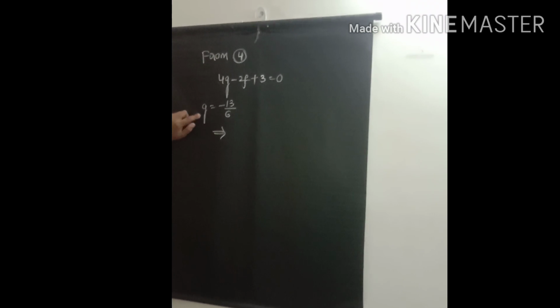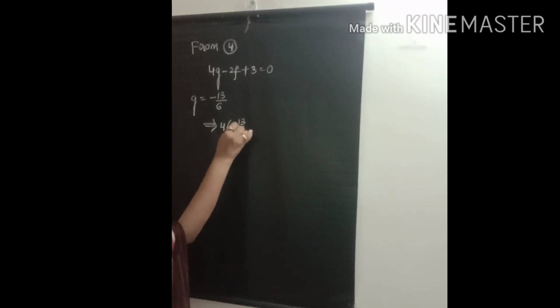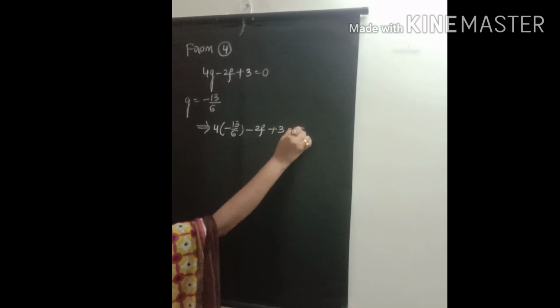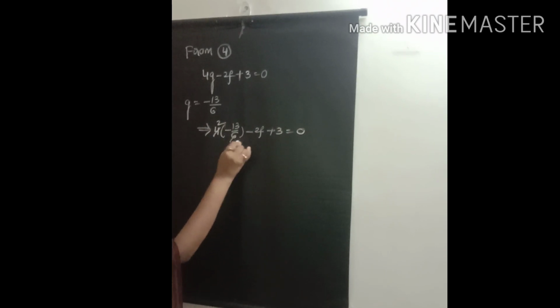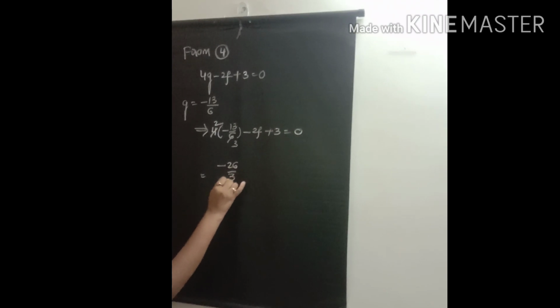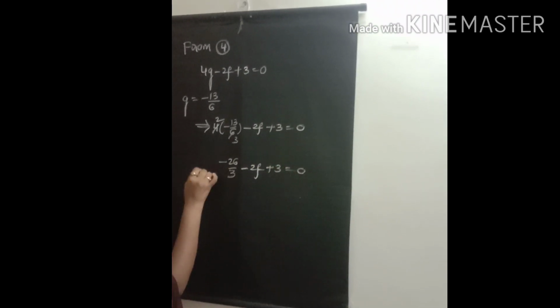Now we are substituting g is equal to minus 13 by 6 in the fourth equation, that is 4 into minus 13 by 6 minus 2f plus 3 is equal to 0. Now 2 3s are 6, so minus 26 by 3 minus 2f plus 3 is equal to 0.